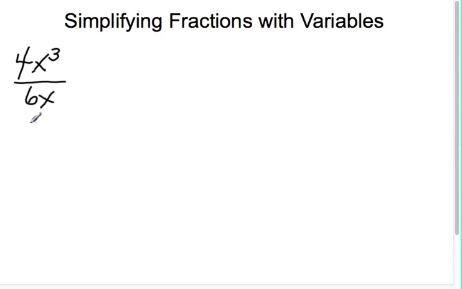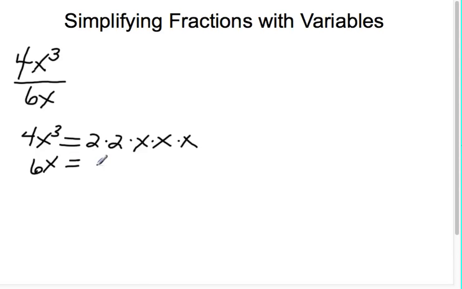I know I could do a factor tree, but I know that 4x cubed equals 2 times 2 times x times x times x. I also know that 6x, so again I'm doing this very formally, equals 2 times 3 times x.